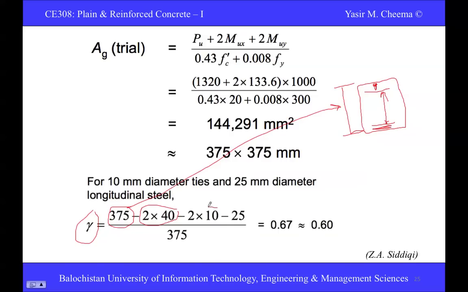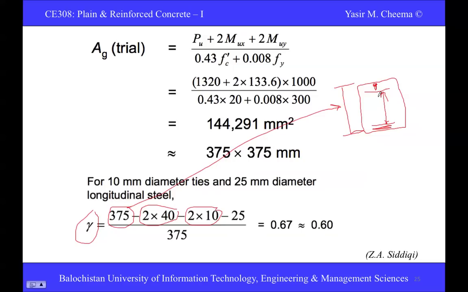Then 2 times 10, where 10 is the diameter of the tie bars. Tie bars also come outside the main longitudinal reinforcement, which goes vertically up.